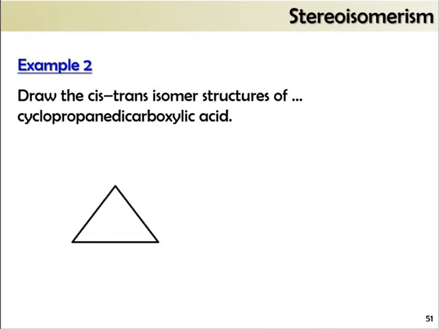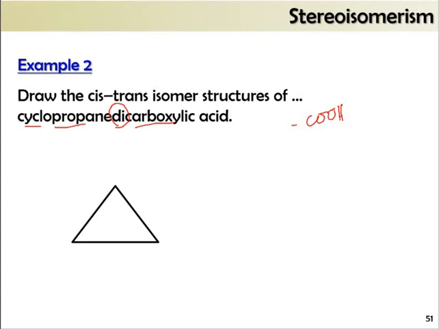Draw the cis-trans isomer structure of cyclopropane dicarboxylic acid. So cyclopropane means 3 carbon and a cyclic compound. It is a cyclic compound. It has 2 carboxyl groups. Dicarboxylic acid means it has 2 COOH. Okay, carboxyl.